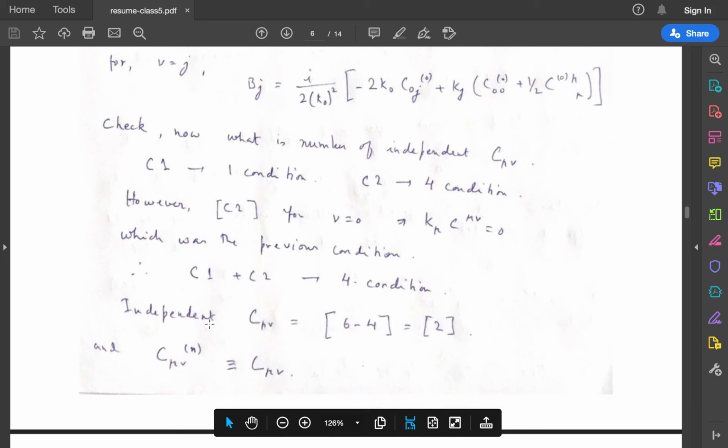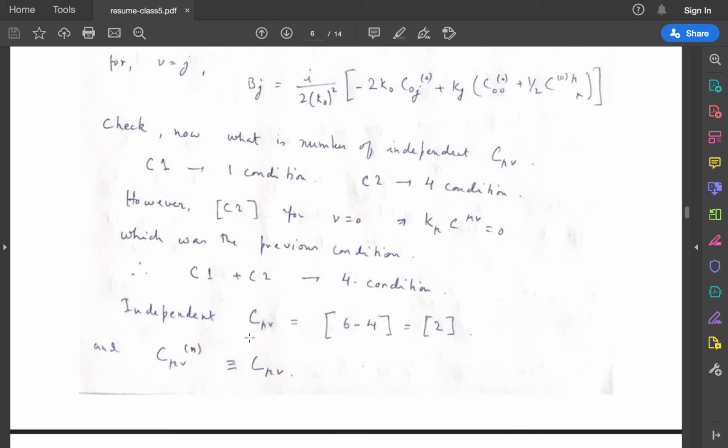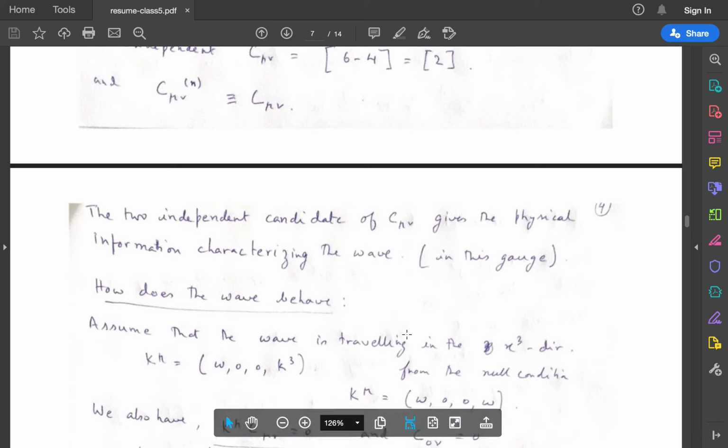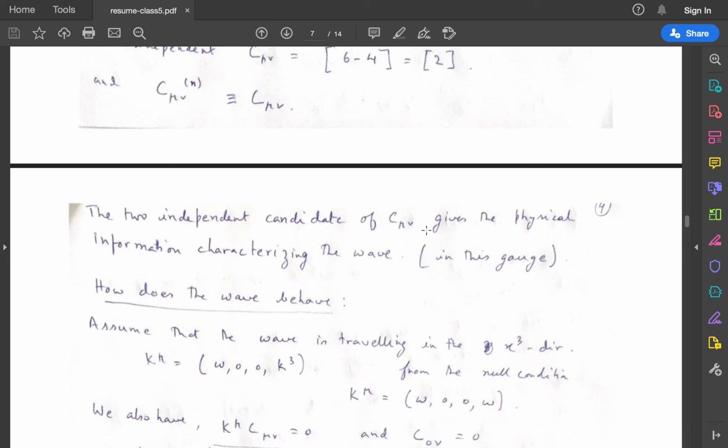Now let us find out what the independent c mu nu's are. How many c mu nu do we have to find out? It has only two independent components. So if we suppress this nu, we have two independent quantities that we have to find out for this wave, and these two independent coefficients of c mu nu give the physical information characterizing the gravitational wave.